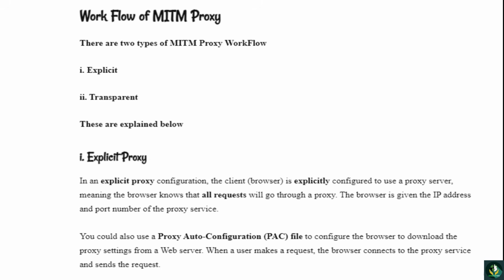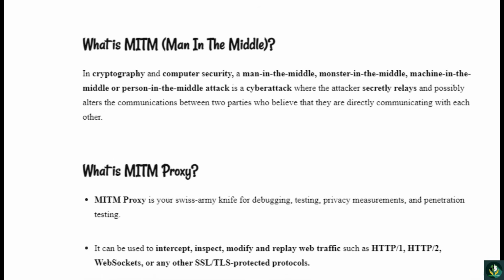The browser is given the IP address and port number of the proxy service. You could also use a proxy auto configuration file to configure the browser to download the proxy settings from a web server. When a user makes a request, the browser connects to the proxy service and sends the request.